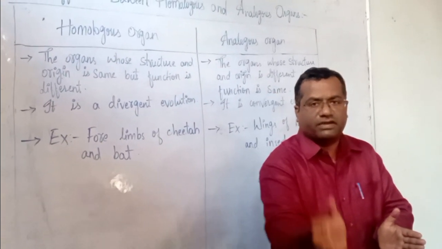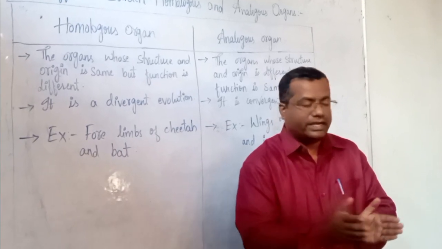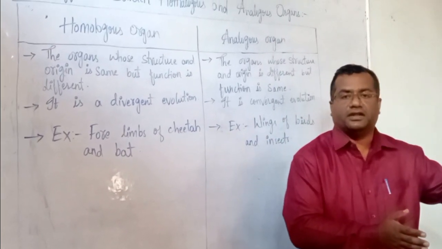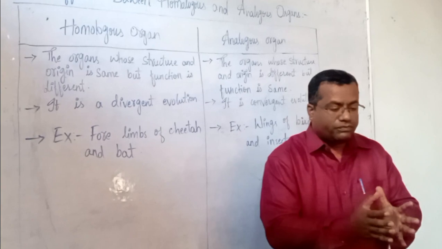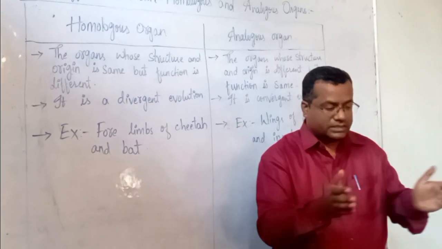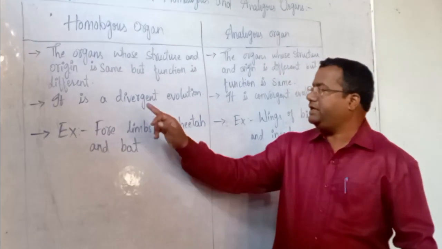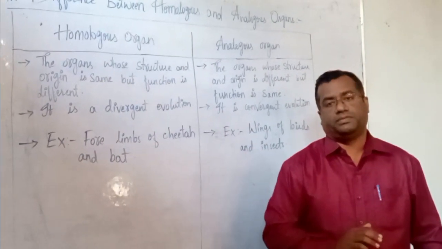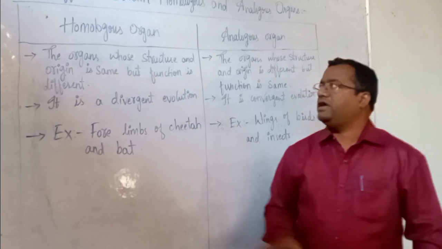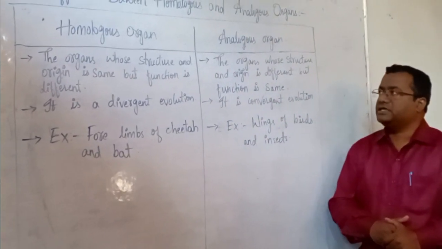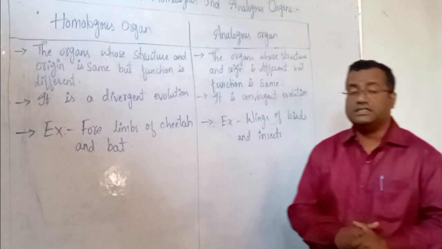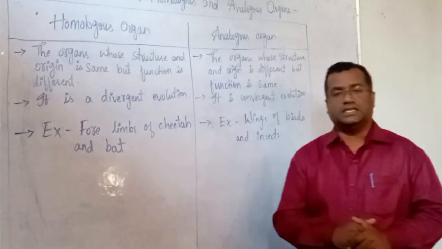Some species survive on land, and other species in the air. So for survivability, the same group evolved in different ways. That's why it is divergent evolution. So this kind of evidence, homologous organ evidence, shows that evolution has happened.